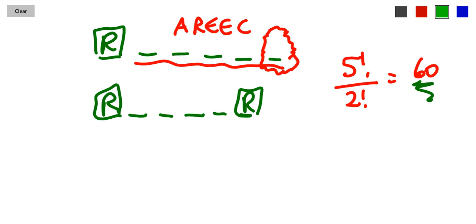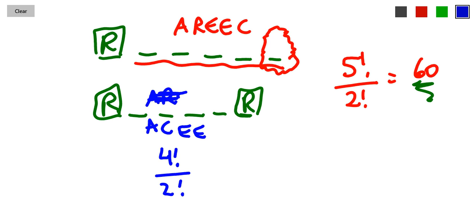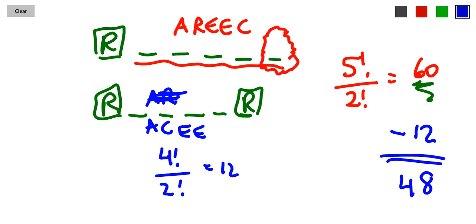So if I start with an R and I end with an R, then I have the letters A, E, A, C, E, E... in the middle, which is 4 factorial divided by 2 factorial arrangements, also known as 12. So if I subtract 12 from 60, what I'm left with are the arrangements that started with R, and I then removed the ones that also end with an R. And you'll notice I also get 48.